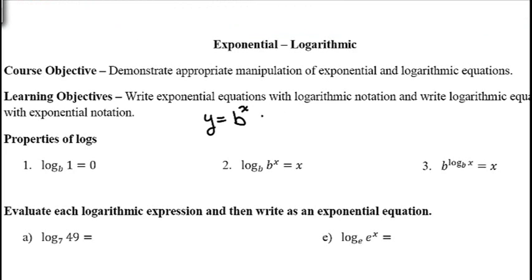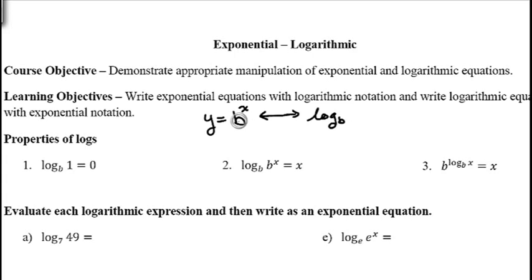equals some base number b raised to the power x. And the equivalent statement in log form is log base b, with a little subscript, and so this b in the exponential equation is the same as this b in the logarithmic one. The base is easy to place.